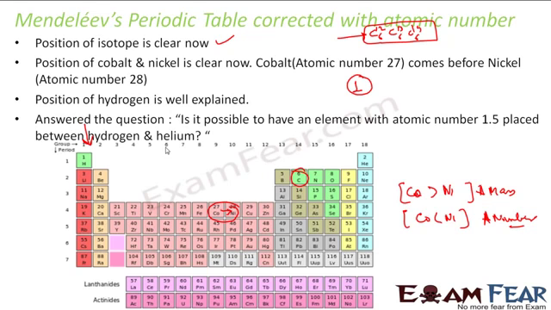Also answer this question: whether it is possible to have an element of atomic number 1.5 between hydrogen and helium. We can say no. Why? Because atomic number is a natural number, right? So we can't have 1.5. This question, which was not answered at that time, is solved now. If I ask how many elements can be between 1 and 6, then I can say there are 2, 3, 4, 5, so 4 elements, if we talk about atomic numbers.